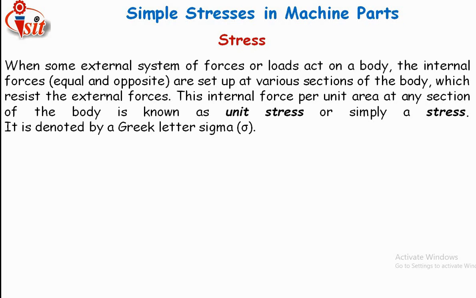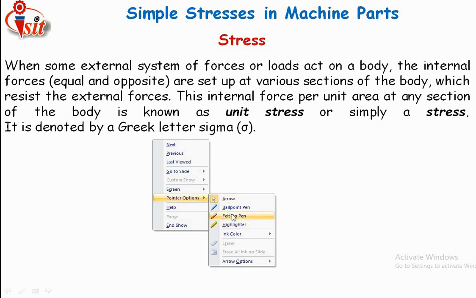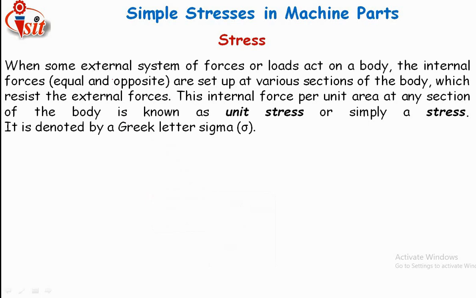When some external system of forces or loads act on a body, the internal forces, or we can say the internal resistance offered by the body to this applied force, is equal and opposite.